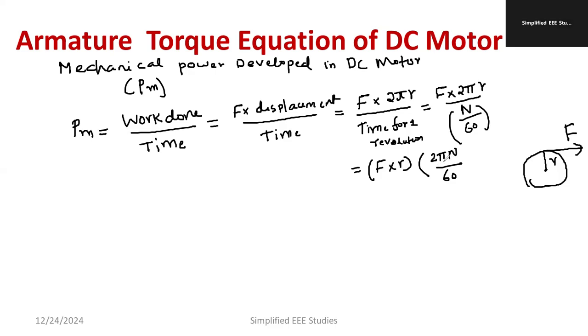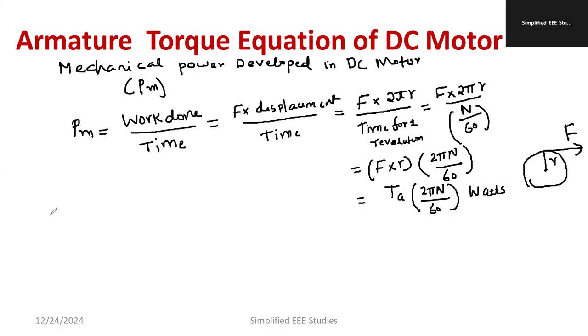Make a note of that. F into R is generally known as force into perpendicular distance, or force into radius. So we write TA, that is, TA into 2 pi n by 60 watts. This much mechanical power is getting generated.